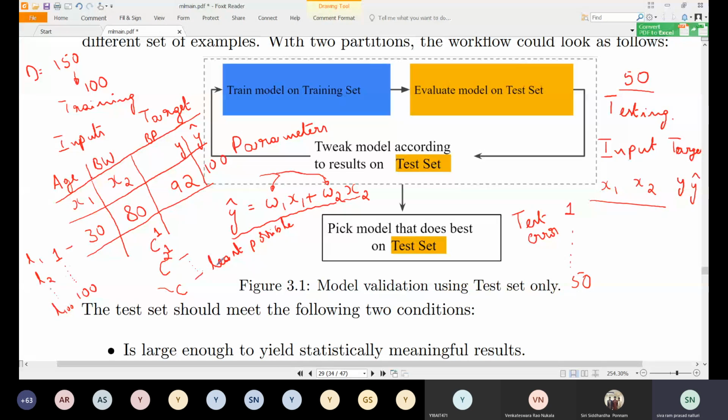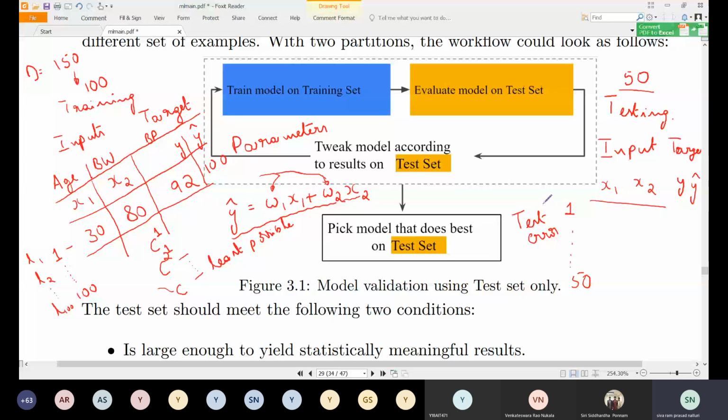Okay. So here we use an optimization technique to minimize the training error. And at the end of the training, we use the test set, which contains totally different examples, to find out the test error.